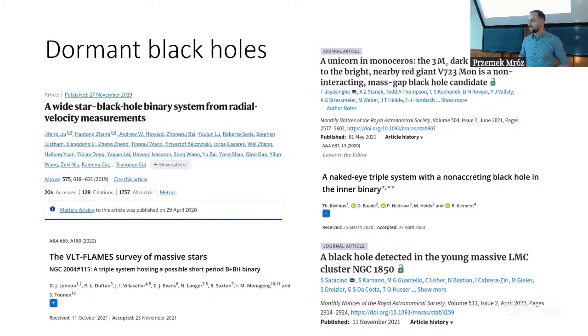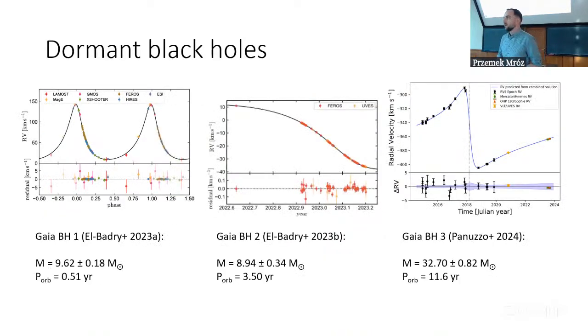In the next few years, there were more similar cases in which people claimed they had found a black hole in a binary star system. And within weeks, another paper came up and said, well, you're wrong. So this only shows you how difficult it is to find these objects. I think now we have at least 3 good candidates for black holes in binary star systems, or at least 3 candidates that were not disproven by someone else.